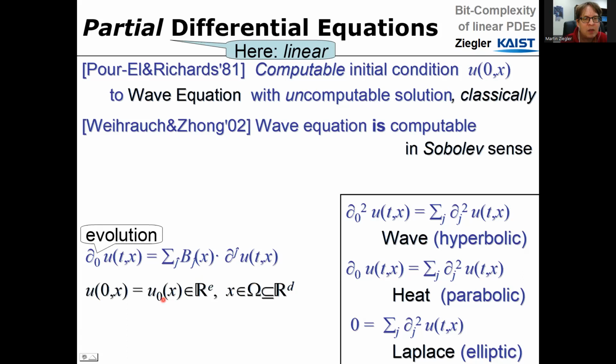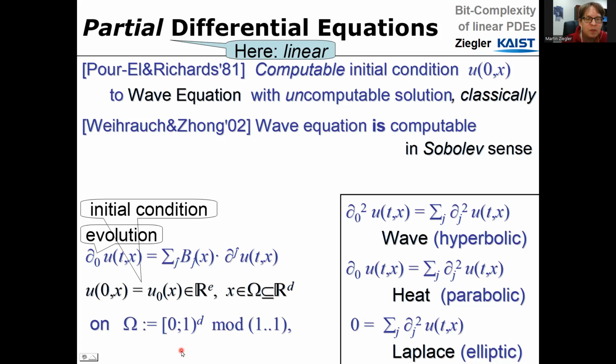The domain of these PDEs is going to be called omega, a subset of Euclidean space, and we're going to have an initial condition at time 0. First order means we only need one initial condition, which is a function, scalar or vector valued. To simplify things, we're going to restrict to periodic boundary conditions. Remember, we need to restrict to compact domains anyway to even talk about complexity.